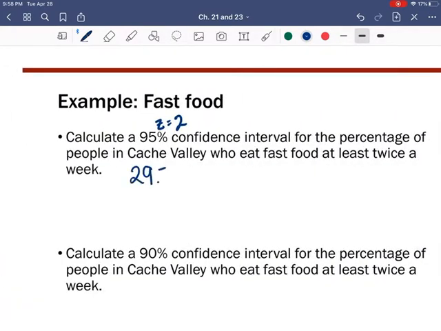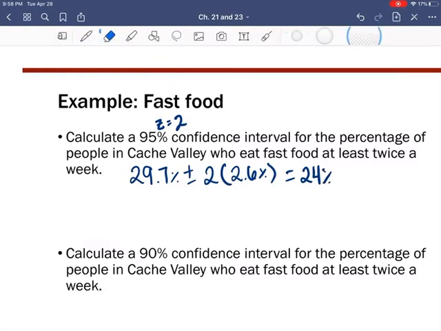We know the sample percent is 29.7%, give or take 2 standard errors, so two times 2.6. So we are 95% confident that the actual percent of people who eat fast food at least twice a week is between 24.5% and 34.9%.